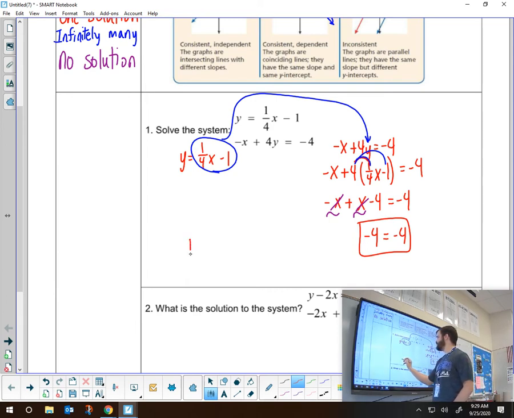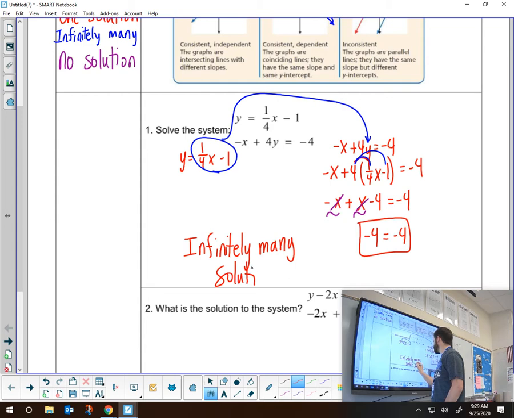this is an example of infinitely many solutions. Okay? This is an example of infinitely many solutions. These two lines are the same line. They are stacked on top of each other.